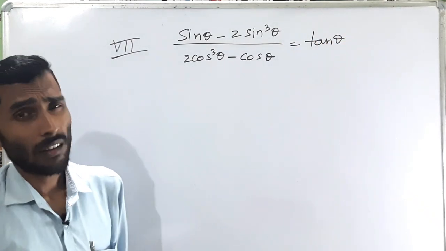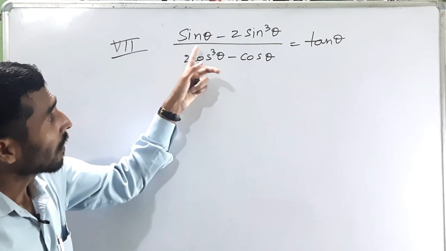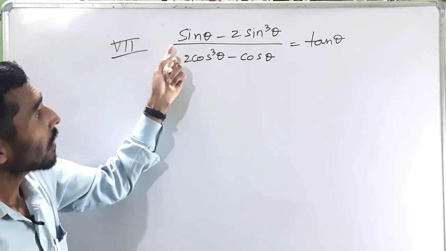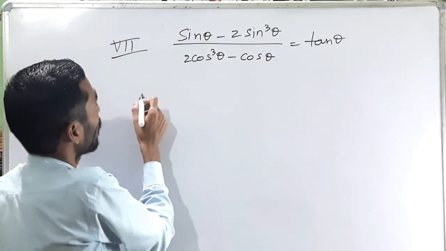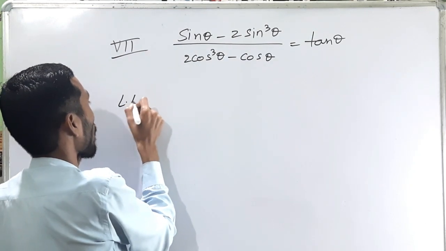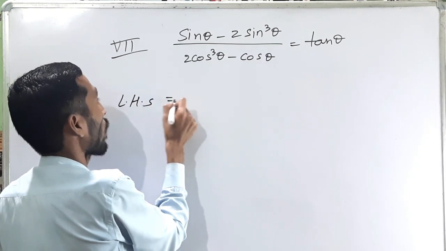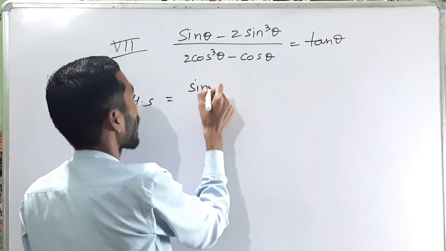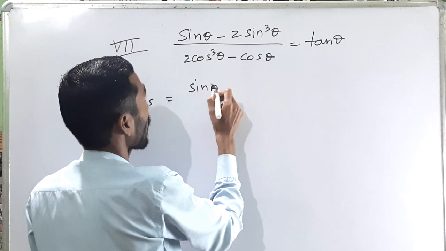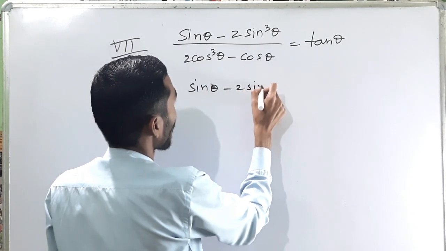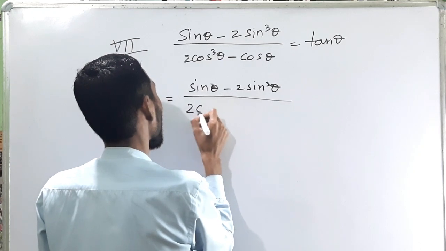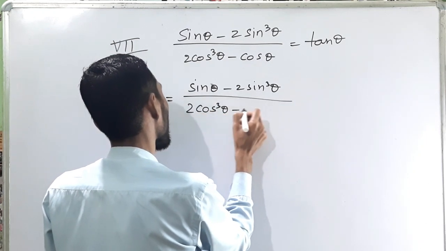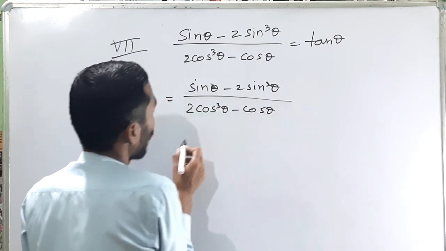What can be done here? Simply we can see that we will take sin as common in the numerator and cos as common in the denominator. So what will happen? In the numerator is sin theta minus 2 sin cube theta, and in the denominator there is cos cube theta minus cos theta.